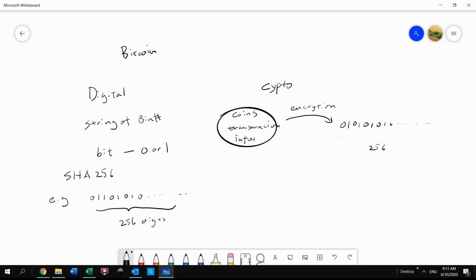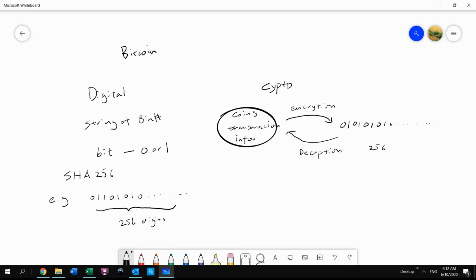And based on this string of numbers, all these 256 bits, it can be decrypted or decoded back to the original information. So the encryption and decryption make it very hard for outsiders to see what exactly is going on there. You have to employ certain computer tools and rely on massive computer power to be able to read and dissect the information. So that's why we call Bitcoin a cryptocurrency.